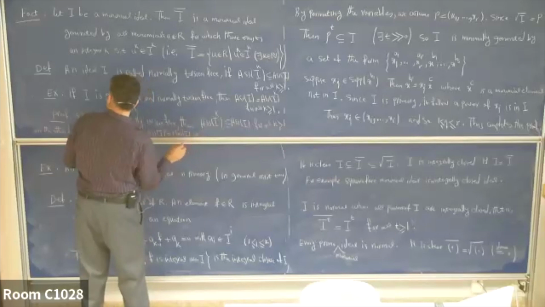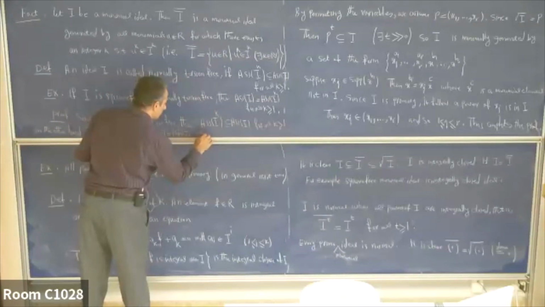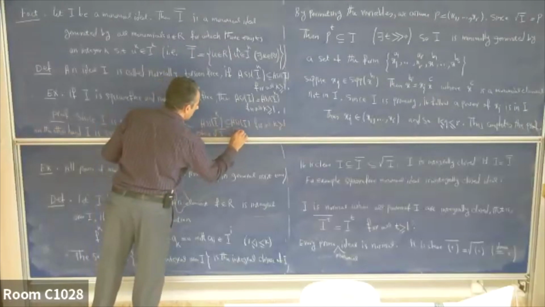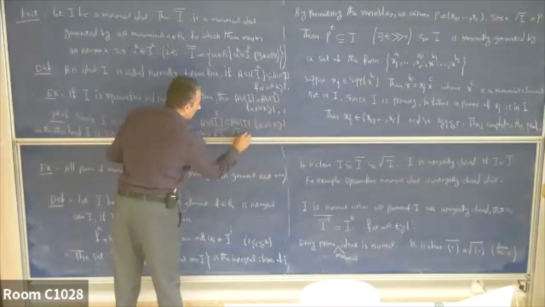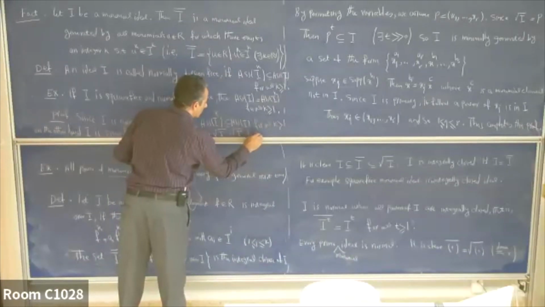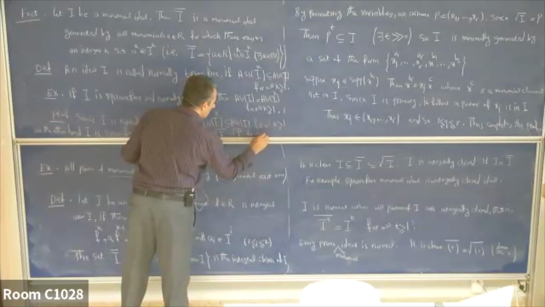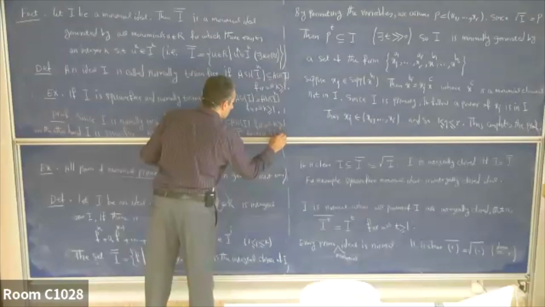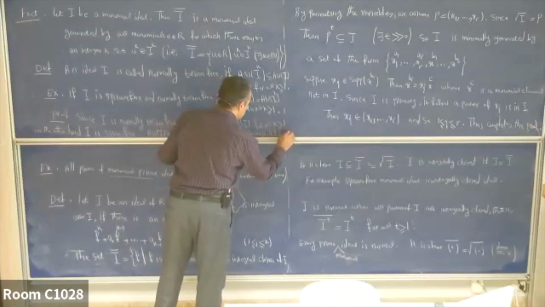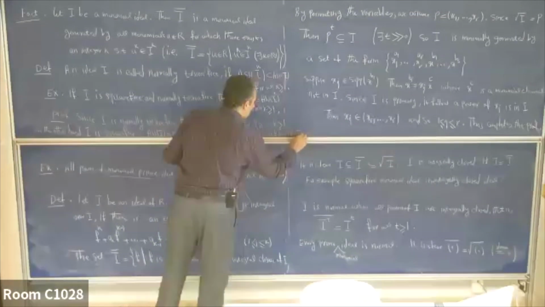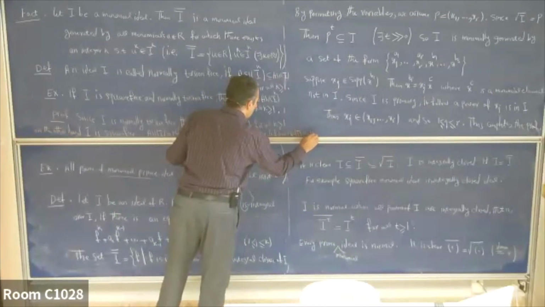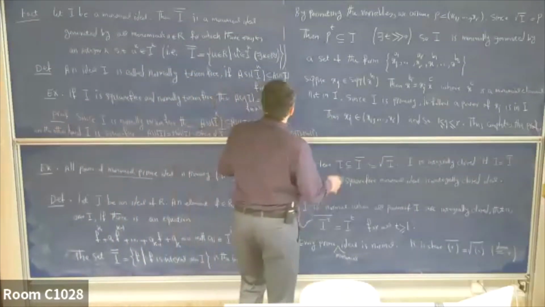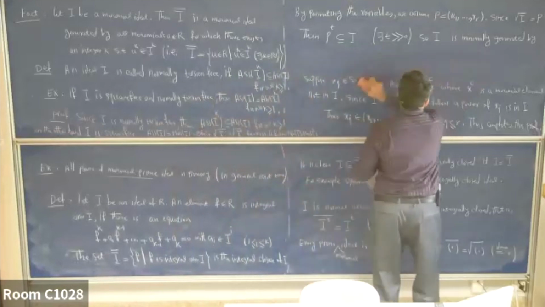And since the radical of I^k is equal to the radical of I, it follows that Min(I) is equal to Min(I^k). Because the radicals are equal, we have Min(I) is equal to Min(I^k).